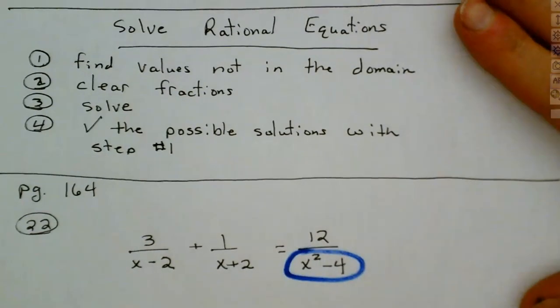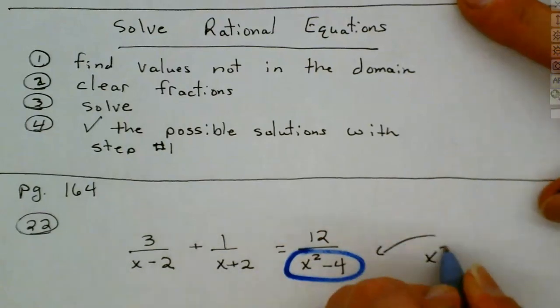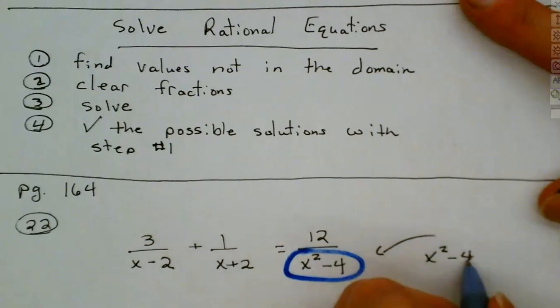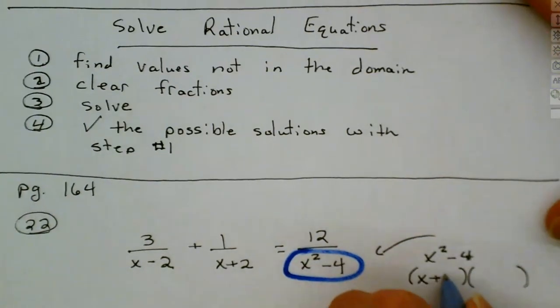What do we know about x squared minus 4? How would you factor down x squared minus 4? Does anyone remember? Yep, this is a difference of squares, right? Because 4 is a perfect square of what? 2. So how would this factor? This would factor into x plus 2, x minus 2.